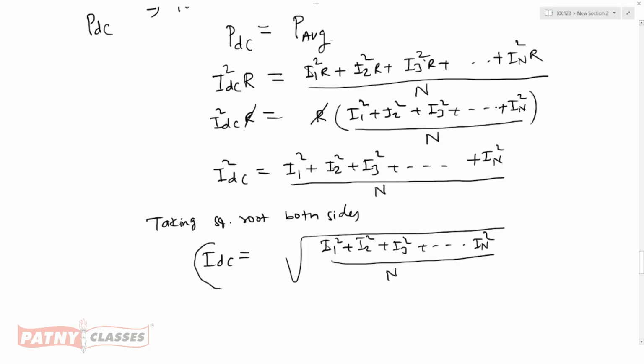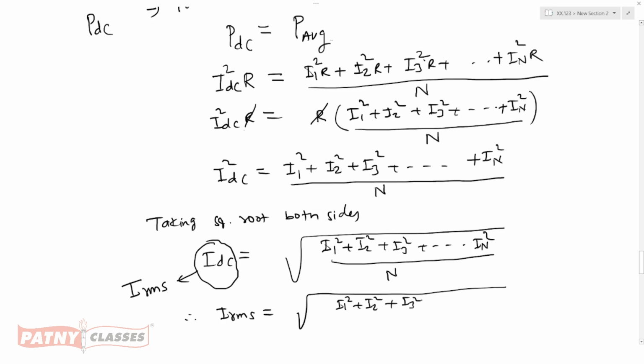This value of DC current is nothing but called RMS value of current and denoted by IRMS. Therefore, IRMS equals to under root of I1 square plus I2 square plus I3 square and so on In square divided by n.